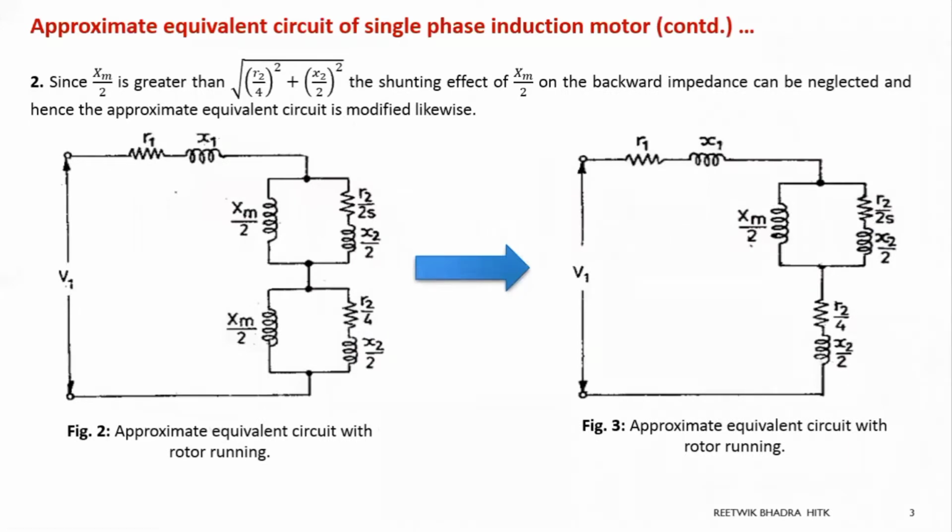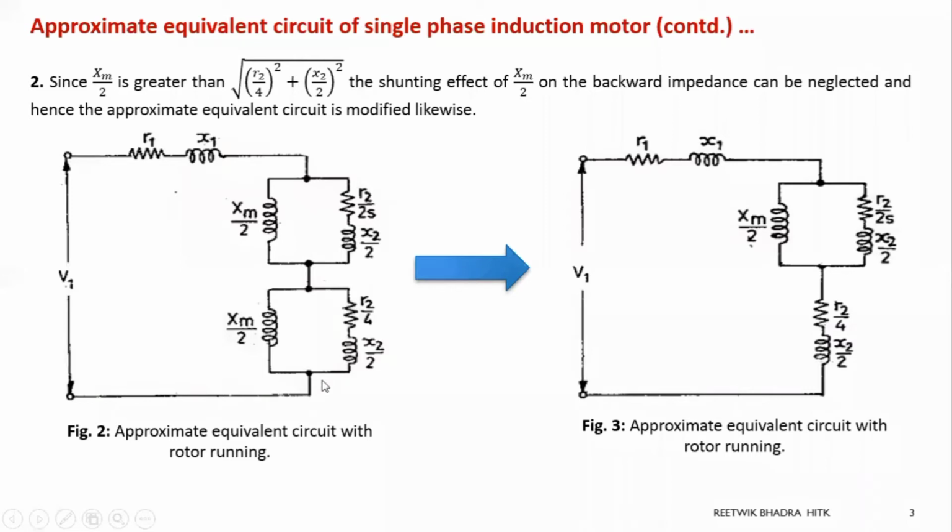Next, some modifications. Now, we had also this Xm value, which we had classified before. This Xm value is very much greater than this one. So the shunting effect of this will vanish because this is a parallel branch. If this impedance is greater, then the current will flow only through this path.